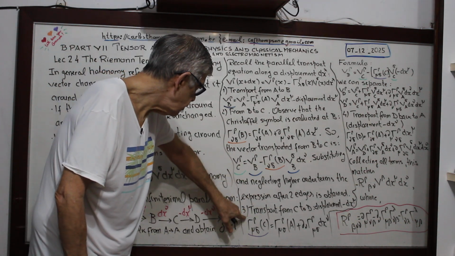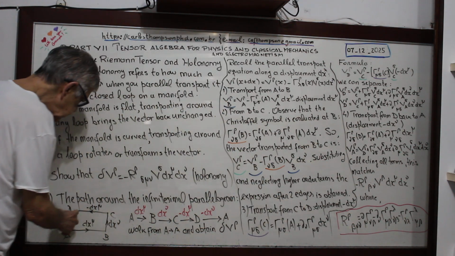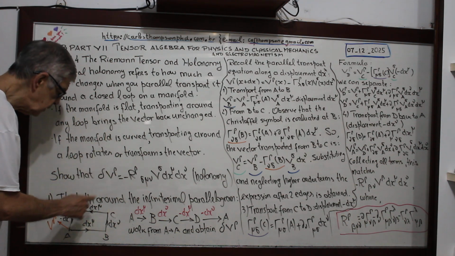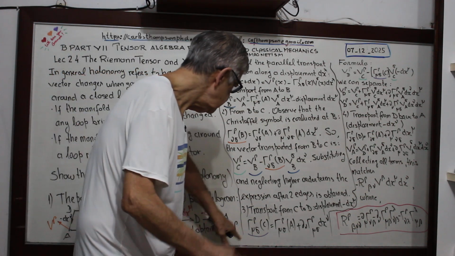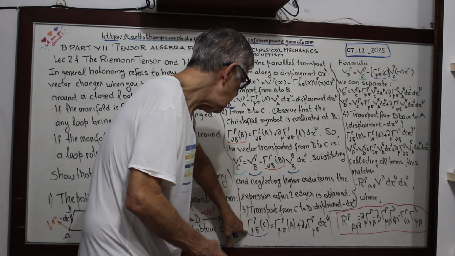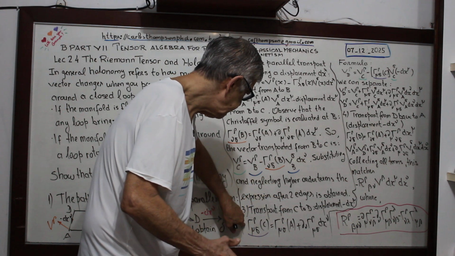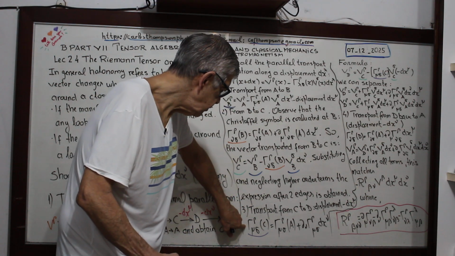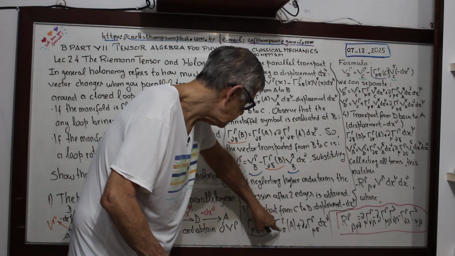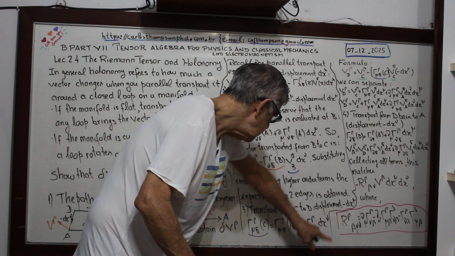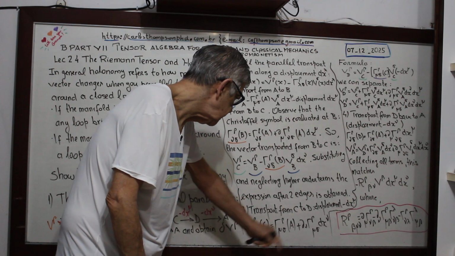Now, term 3, transport from C to D. From C to D, the displacement is minus dx mu. Again I have to pay attention, because first I set the Taylor series from B to C, from C to D. This is at A plus the Christoffel symbols, just clear.